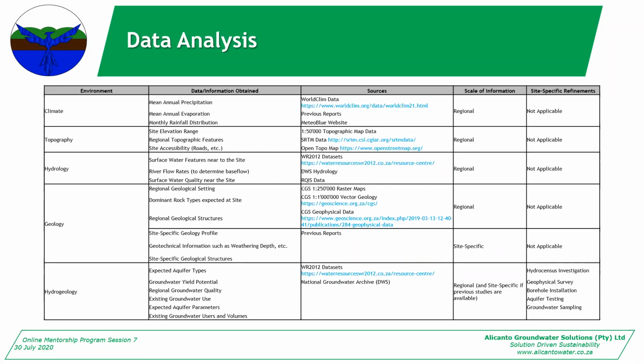So I was wondering, with the world climate data, is it recent data? Is it updated daily or annually? You see, World Climate has two data sets. They've got historical, which is averages for, I think, 30 years worth of data. And then they've got future projections from 2021 onwards.